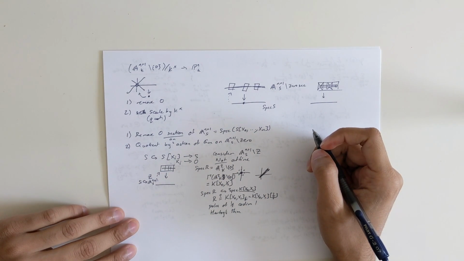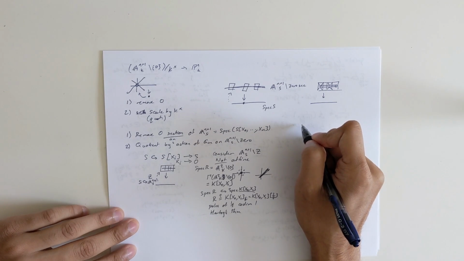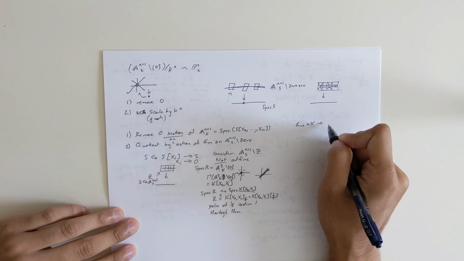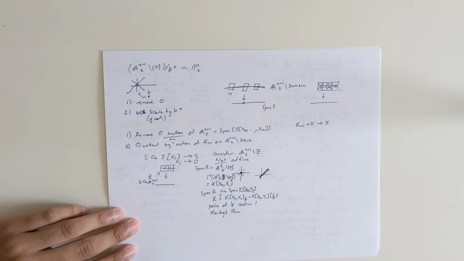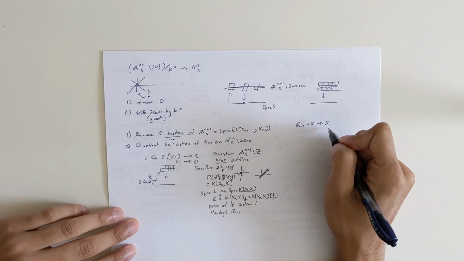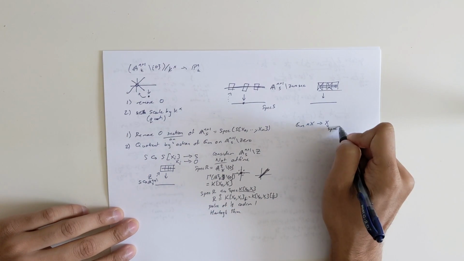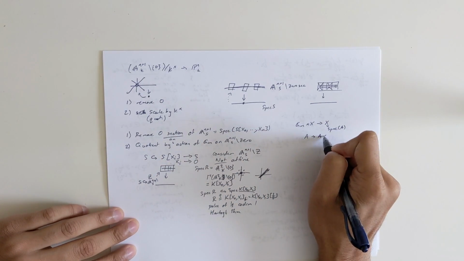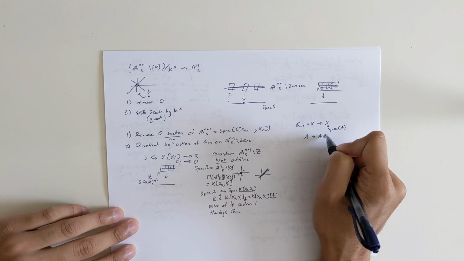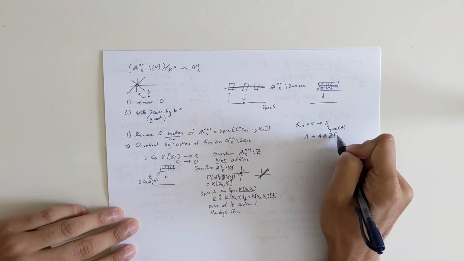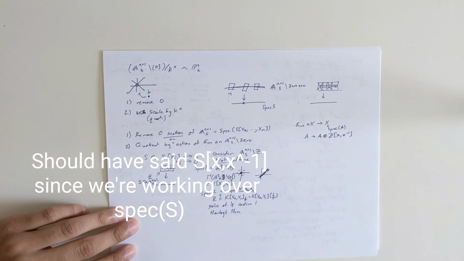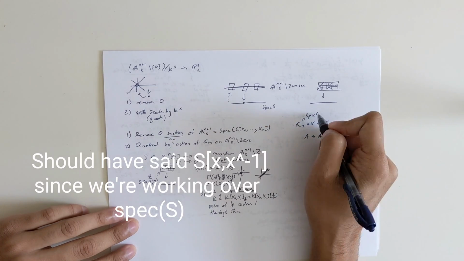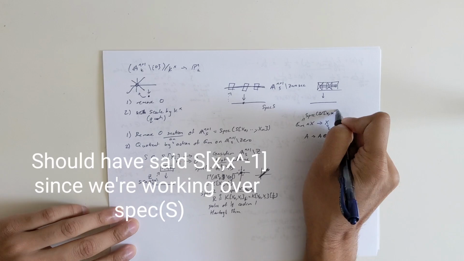So the action of Gm, as we saw, on some scheme should be some map from Gm cross X to the space X. And let's say that X is affine, so X is equal to Spec A. Then what this corresponds to is a map from A to A tensor, in this case, I guess we're working in the relative setting, but in general it would be Z adjoin x, x inverse, which, remember, Gm is equal to Spec of Z[x, x inverse].